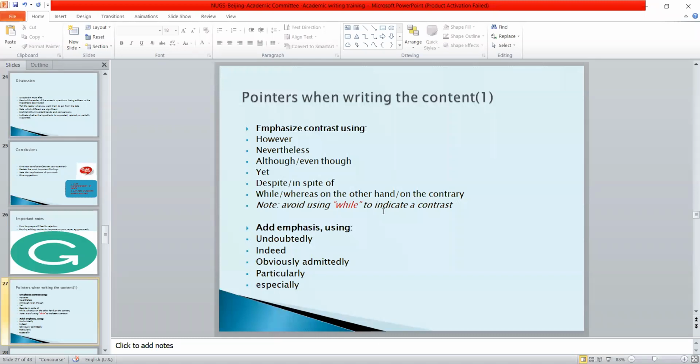Now, when you are writing your thesis, let's look at these important pointers. Emphasize contrast using the following ways. For instance, if you are contrasting two ideas, you must make use of pointers such as however, nevertheless, yet, despite, in spite of.